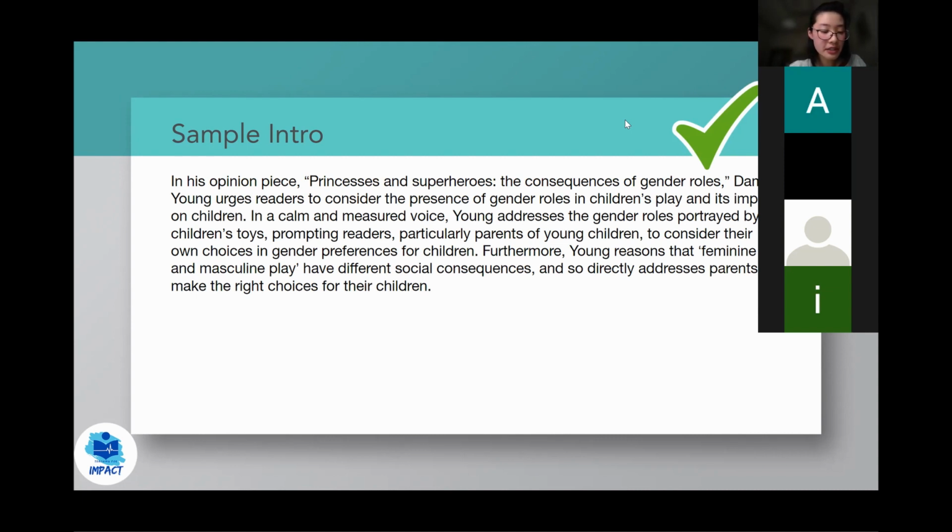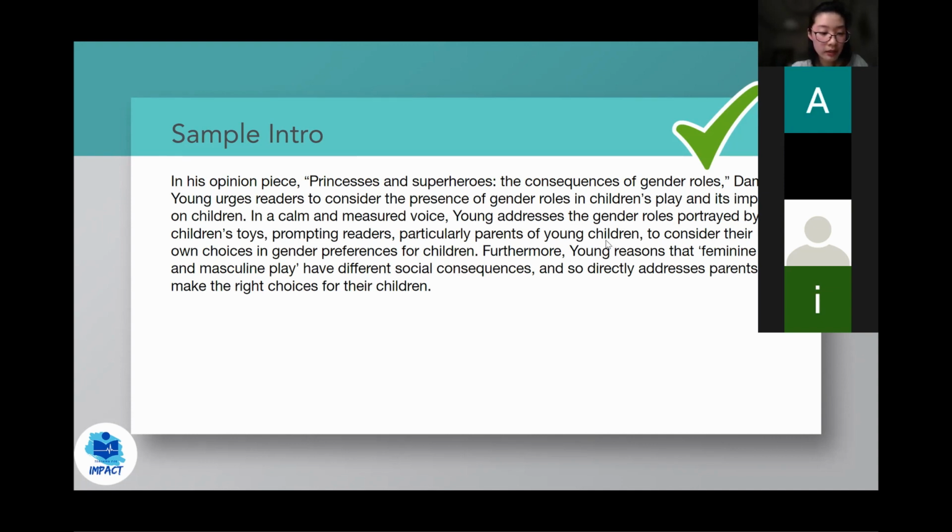What else needs to be improved? Cool. So we've got students saying maybe they could make the author's purpose more obvious. Yes, great. I would agree. Awesome. So maybe you could say that.